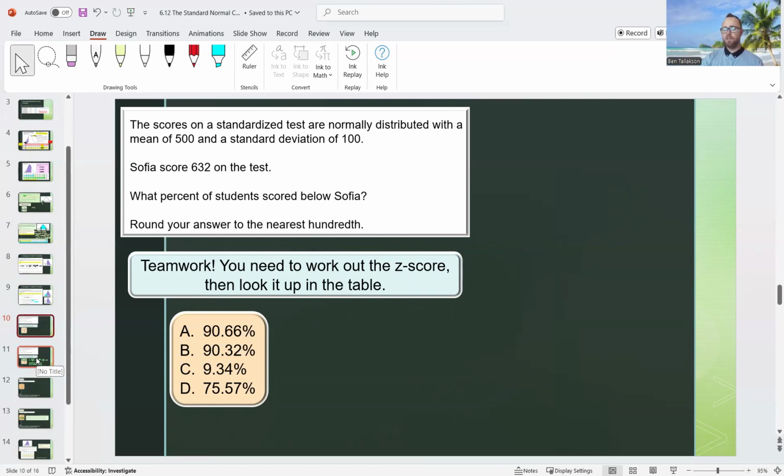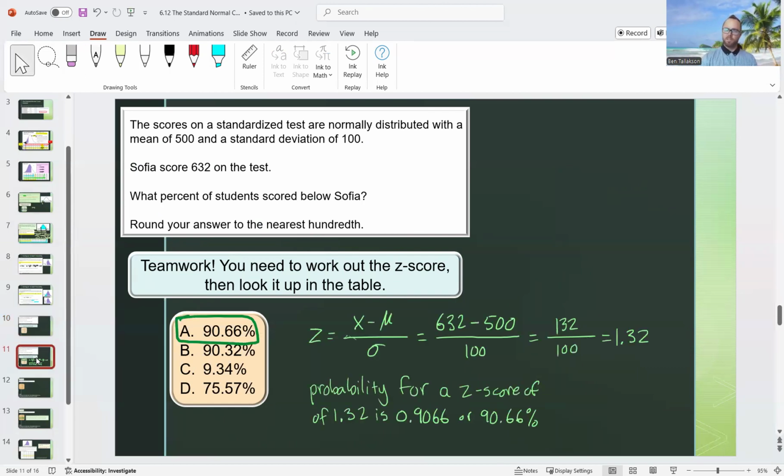Let's see how you did. If you said A, you're getting this. Good job. If not, that's okay. Just practice. Okay, let's go back to the question. What percent of the students scored below Sophia? So we've been looking at those tables all day, and you know you can use the decimals there to then move the decimal over and find the percent.